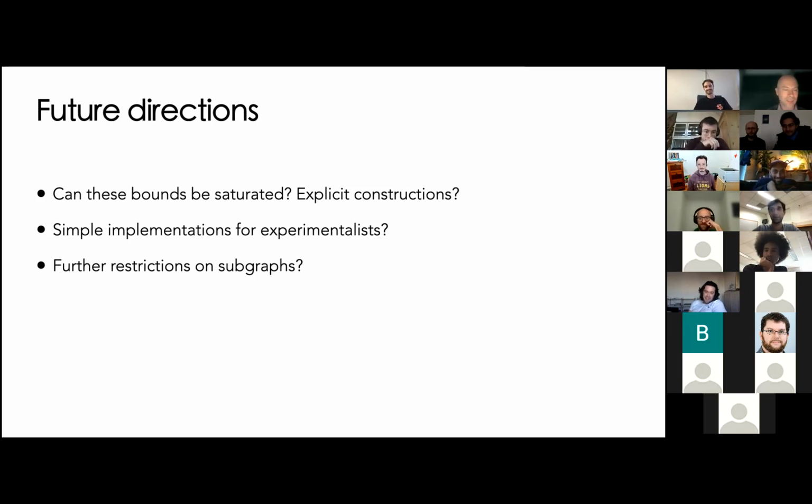I'm going to ask you a riddle question, Andy. Have you thought of any simple implementations for experimentalists? No, actually, that's something that Noiten and I have been talking about. We're not sure. We don't know if there are some nice structures, say of an expander graph, that you might be able to embed in 2D. What sort of structure can you make it have?